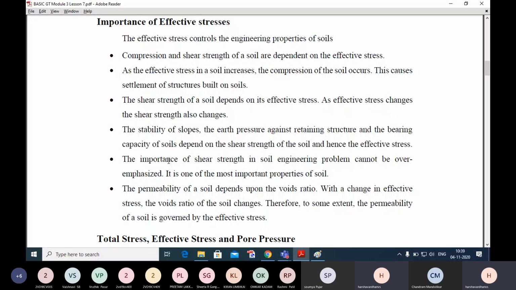Also, in the stability of slopes, and while calculating earth pressure, the bearing capacity and the shear strength of the soil, all these values are dependent on effective stress. Hence, you can say that it is one of the most important properties of the soil.